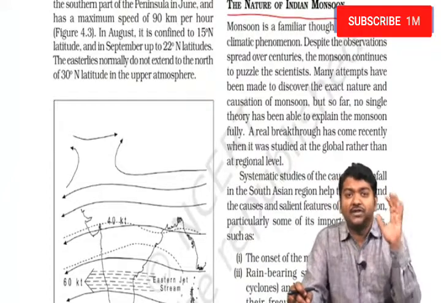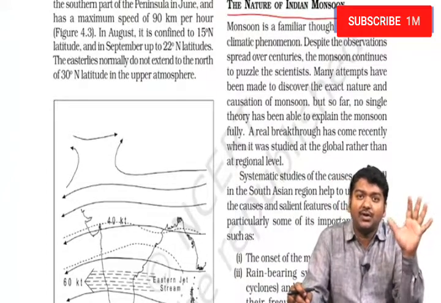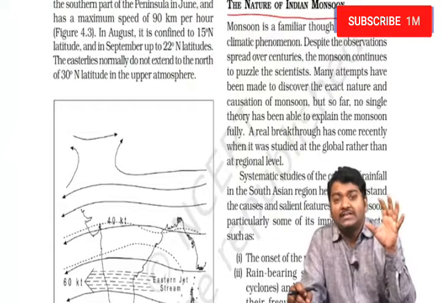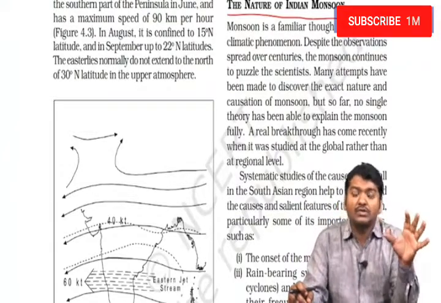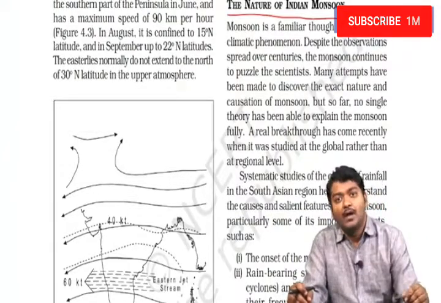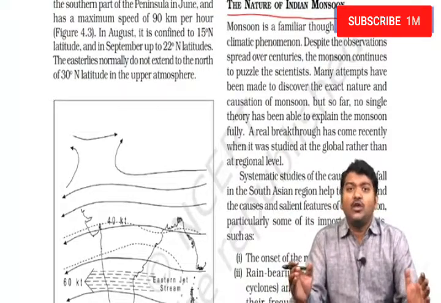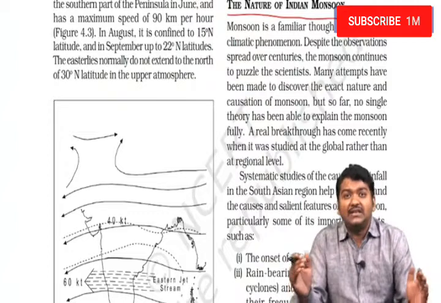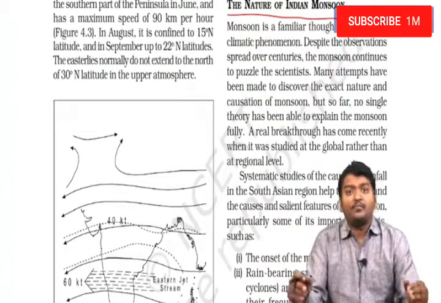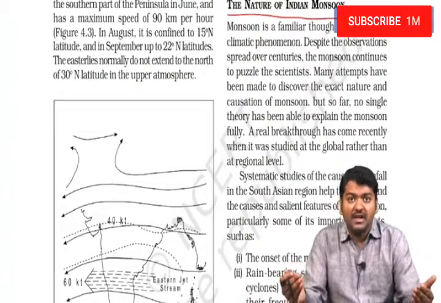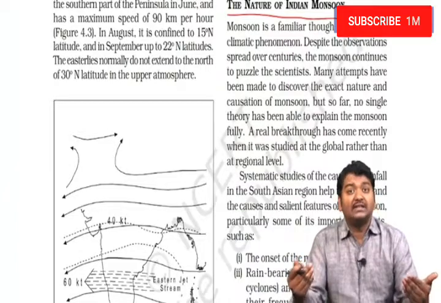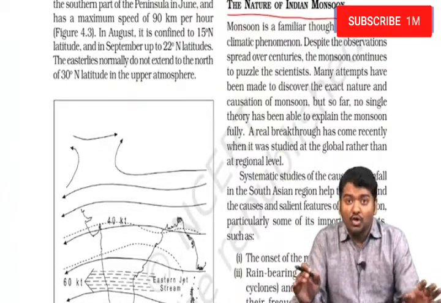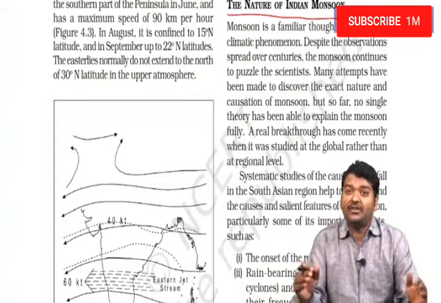Different geographers at different points of time have tried to explain what exactly the Indian monsoon is and how it is occurring. Initially, it was just a local phenomenon associated with ITCZ shifting northward. They said that in winters, ITCZ was in the southern hemisphere, so the northern hemisphere saw winter.